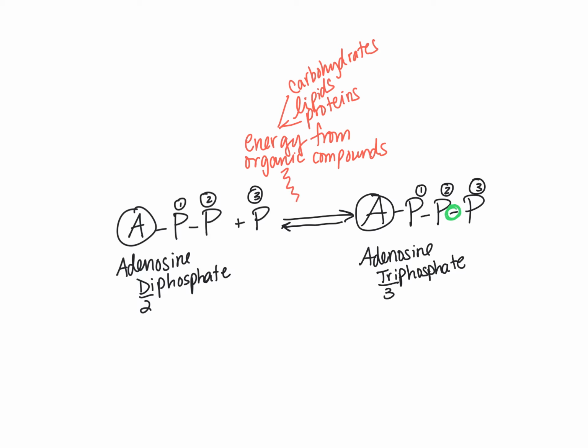And what happens is that energy goes into this reaction, and then that energy gets stored in this bond between the second and third phosphates. Now, in the opposite reaction, where ATP gets broken down into ADP and an extra phosphate, that energy can then be released.